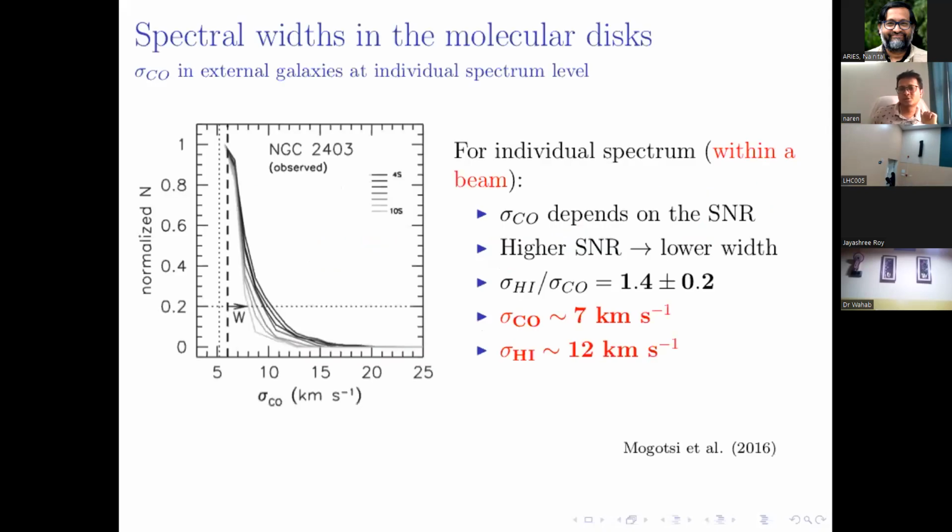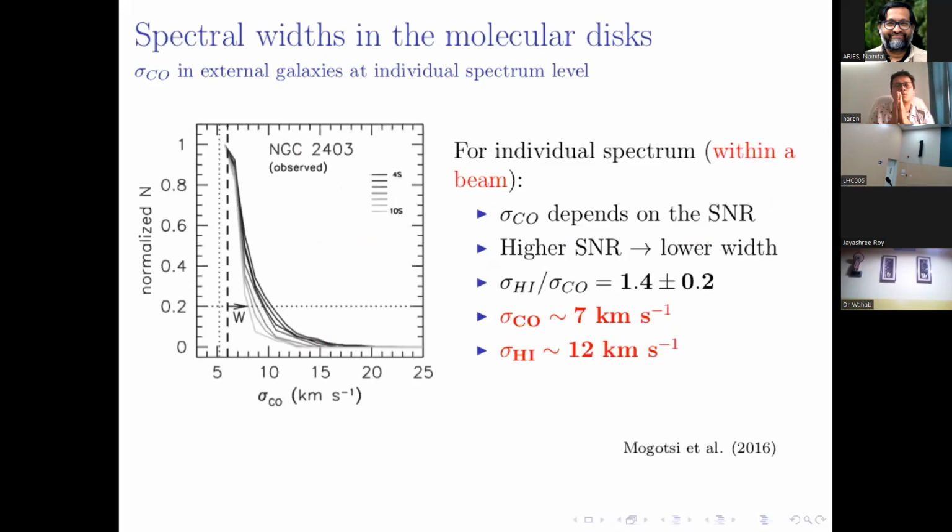No, this is not the whole story. There is another part to this story, which is investigating the spectral width in the molecular disk. What people have studied is the individual molecular spectrum from an individual region.